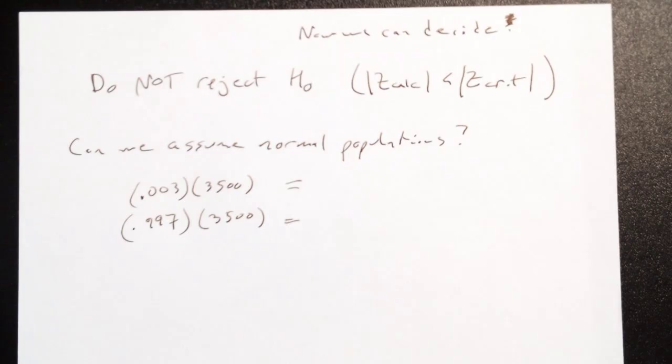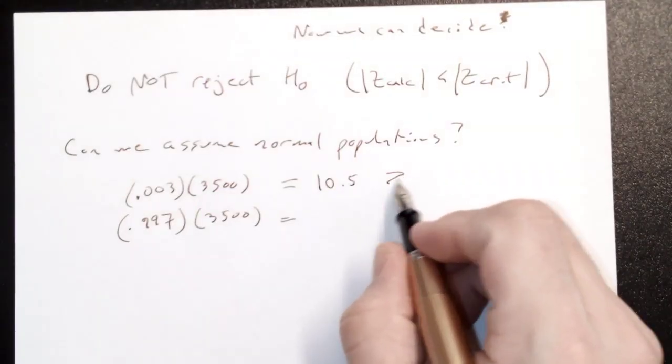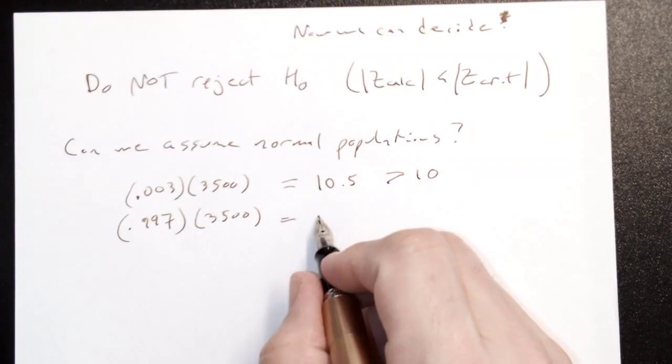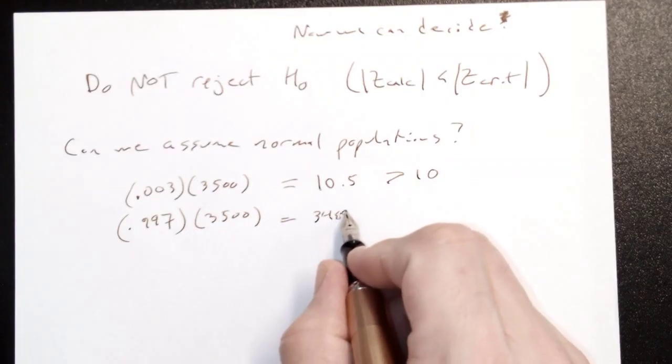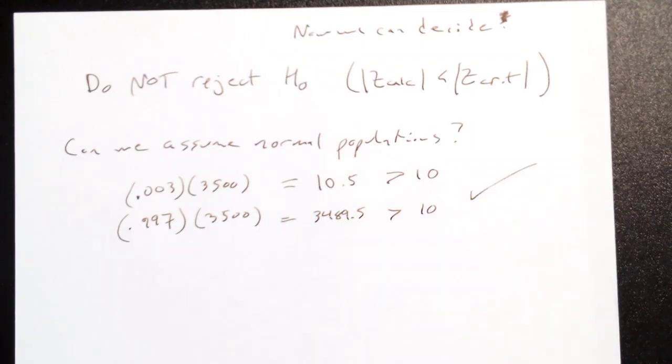Probably bigger than 10. What's this number up here? Which is bigger than 10, even if it's just barely. And that means that this one is 3489.5, which is also way bigger than 10. So yes, I can assume this is a normally distributed population.